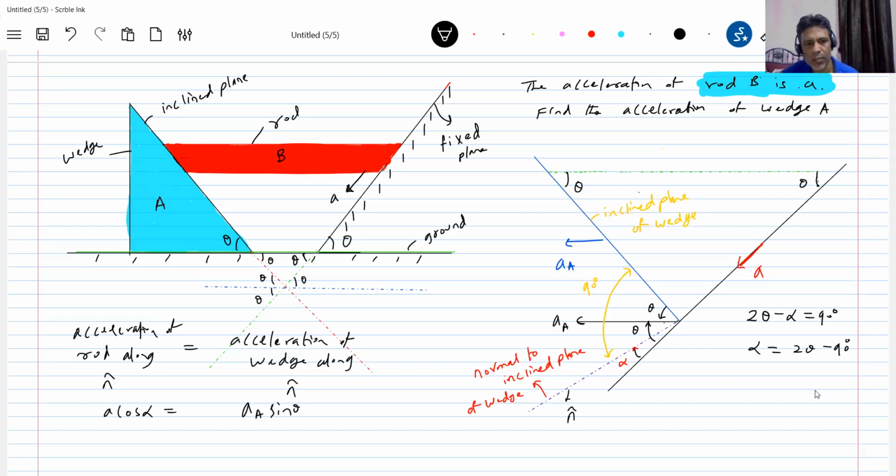Getting the idea, no? So we don't know alpha. That alpha, I'll replace it here: cos of 2 theta minus 90 degrees. I think we are very near to the problem. What is cos of 2 theta minus 90? It should be sine 2 theta.